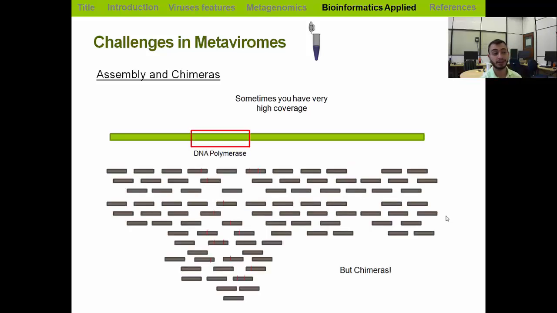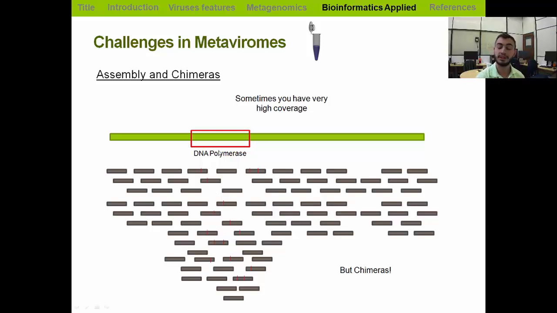Sometimes you have very high coverage, but you have something like that. I had that in one of my analyses, where we have the big contig, and I thought that it could be the genome, but in some parts of this contig you have double the coverage in reads, after I did some mapping.